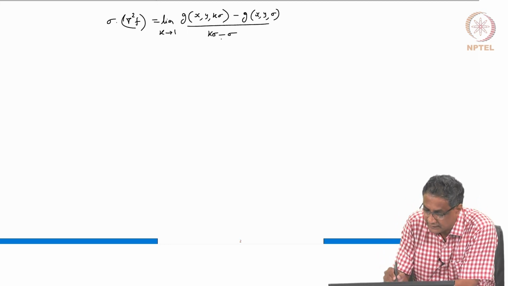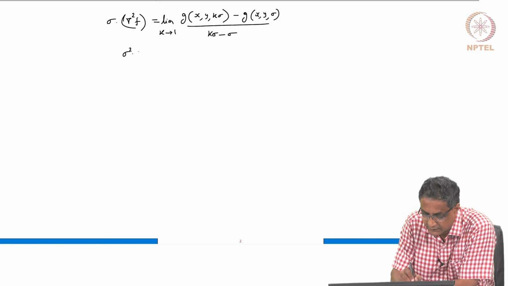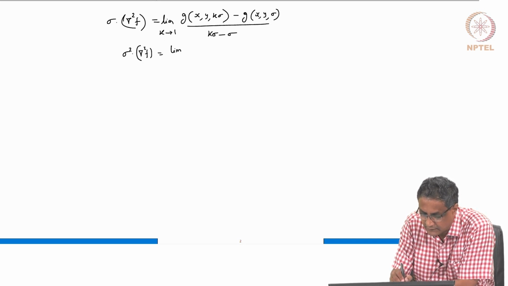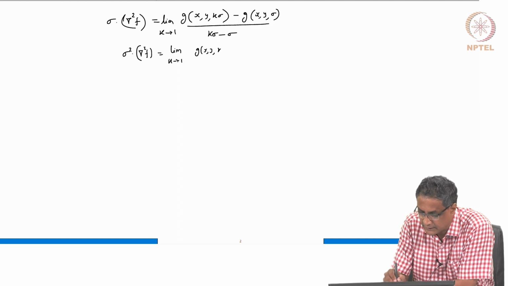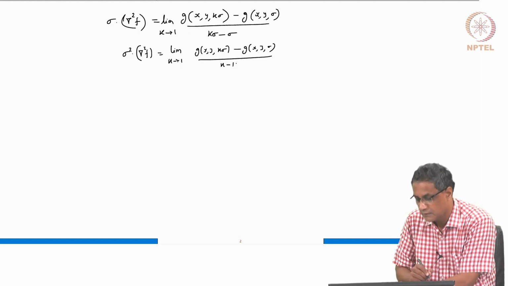Or in other words, you can transfer the sigma onto the left and you will get sigma square del square f is equal to limit k tending to 1 of g of x comma y comma k sigma minus g of x comma y comma sigma by k, divided by k minus 1.